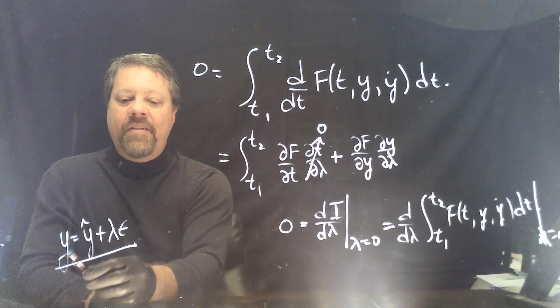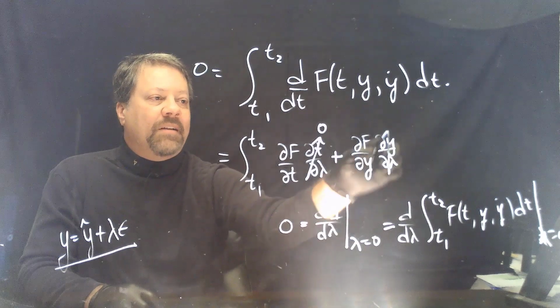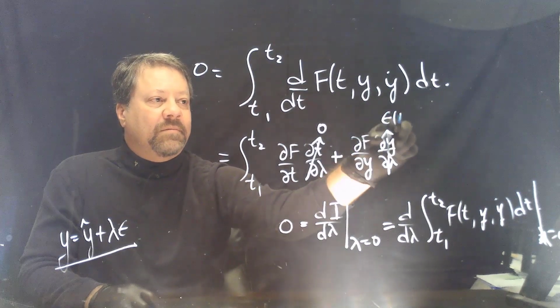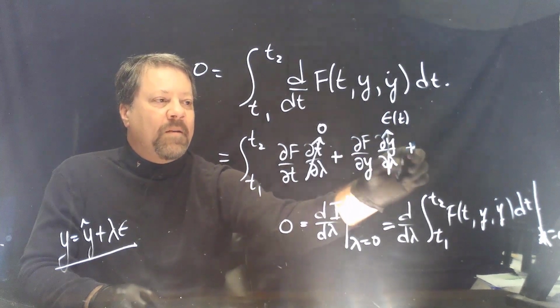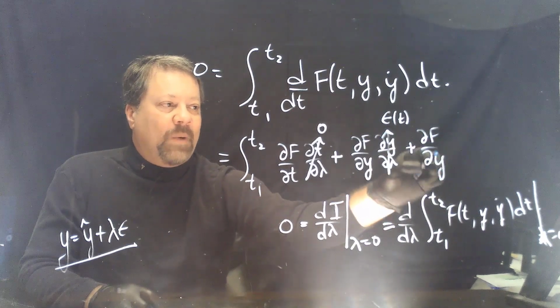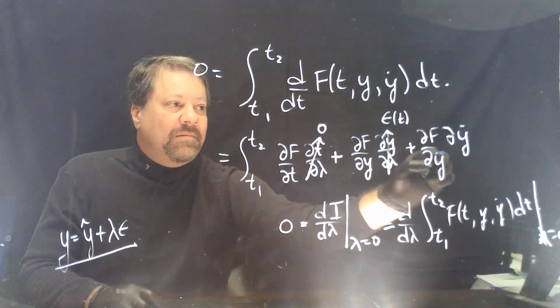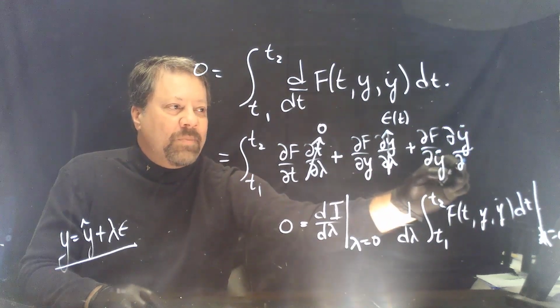The derivative of y with respect to lambda just leaves epsilon, plus the partial derivative of f with respect to y dot times the partial derivative of y dot with respect to lambda.